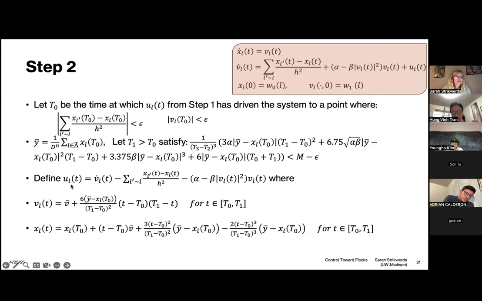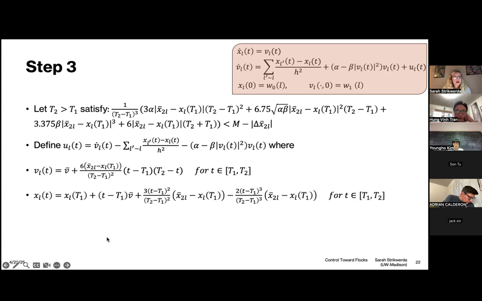And the UL is going to be equal to that when the VL is equal to this V bar plus this equation right here. And so we notice that if you plug in T1, this term goes away. So at some point, we're going to get it to be just this V bar. And then the XL has to differentiate to be VL. So that ends up being this expression right here, where at the start we're at XL T naught.